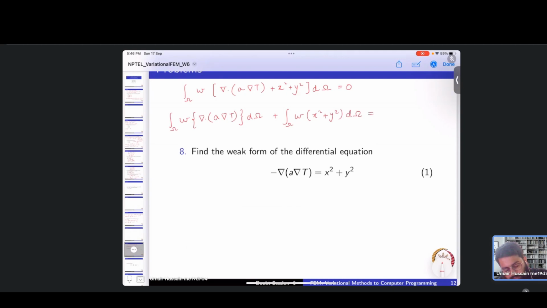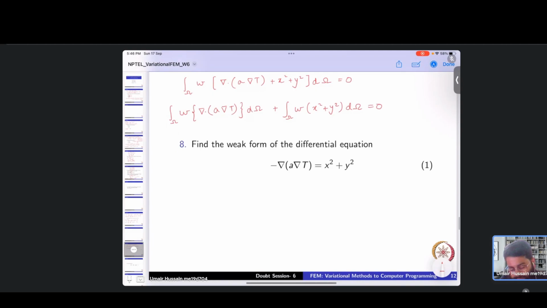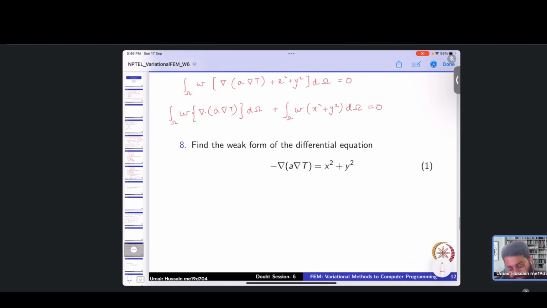There's no derivative involved in the second term here. We can leave it like this. But in the first term we have two derivatives on the t variable. So we need to transfer one derivative over to the weight function.